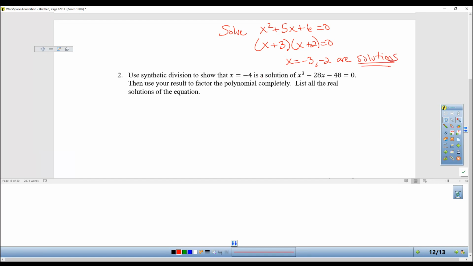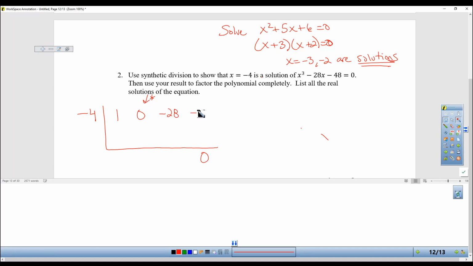But we know that now, even though you've spent years learning this method, now I also know that I can say -4 is a solution if it produces a 0. Just like -3, when you plug it in, would produce a 0, a -4 will produce a 0. So let's test that theory. 1, ooh, did you remember the 0? Don't forget, there's no square term.